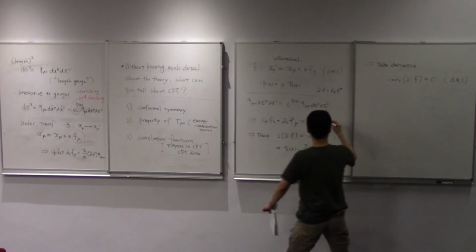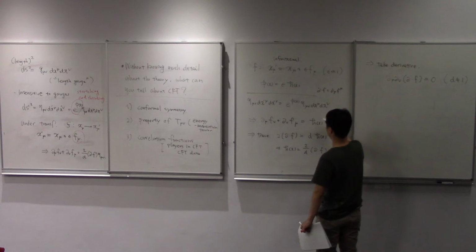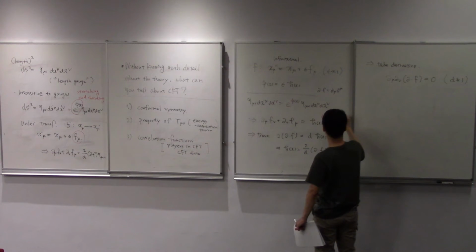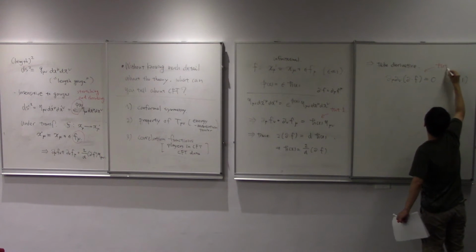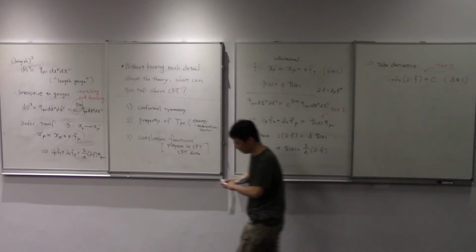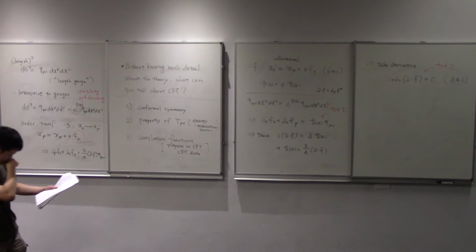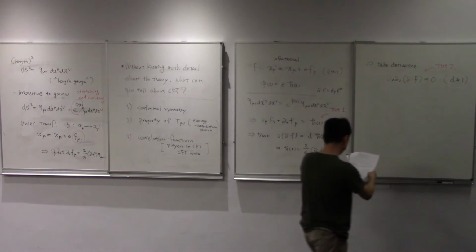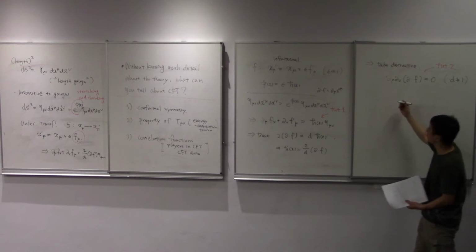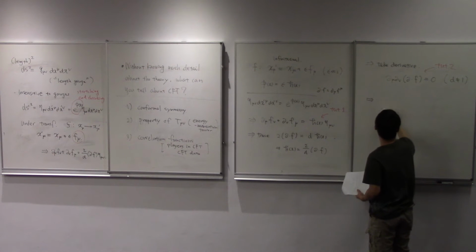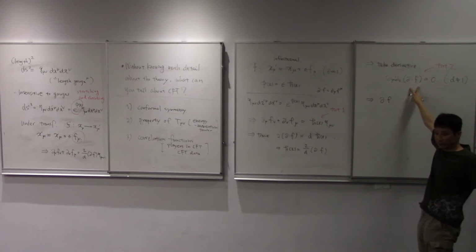So let's say this is question 1, and this will be question 2. So you can show this. And then here, what can you say about this function?